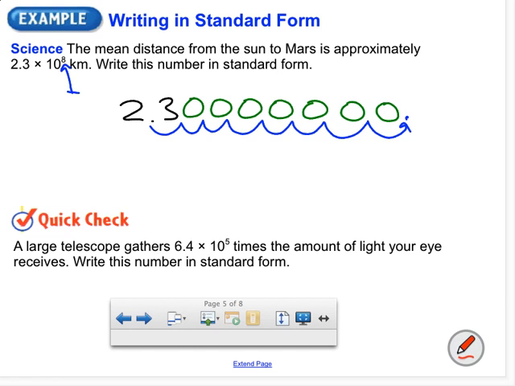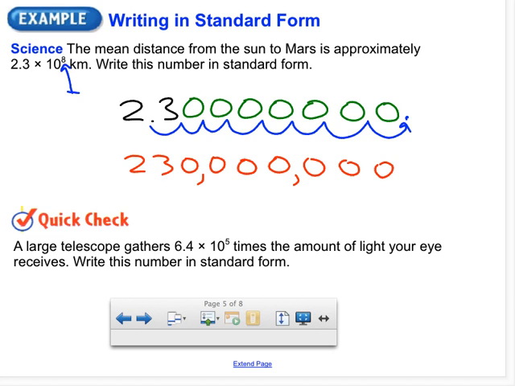I'm going to rewrite this number. Okay, let's throw some commas in. What is that number? Are we good? Okay, now that we've worked out one together, can I get you guys to do this next one?